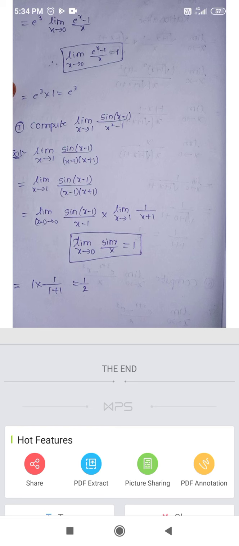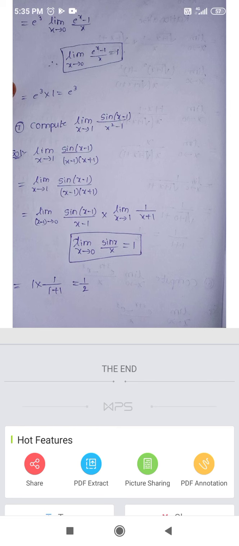Next problem. Compute limit x tends to 1, sine of x minus 1 by x square minus 1. Here the denominator is in the form a square minus b square, so we can write it as (a plus b) into (a minus b). So I wrote x minus 1 into x plus 1. So sine of x minus 1 by x minus 1 into x plus 1. As we know the formula, limit x tends to 0, sin x by x is equal to 1.